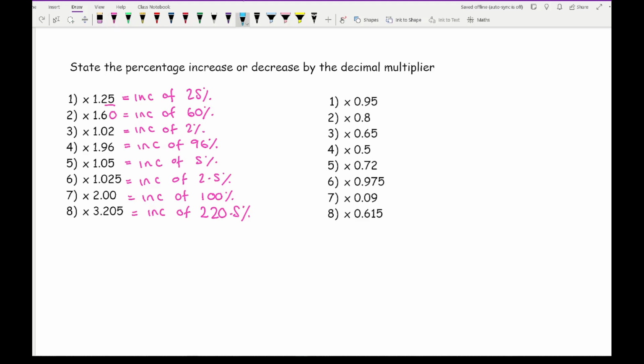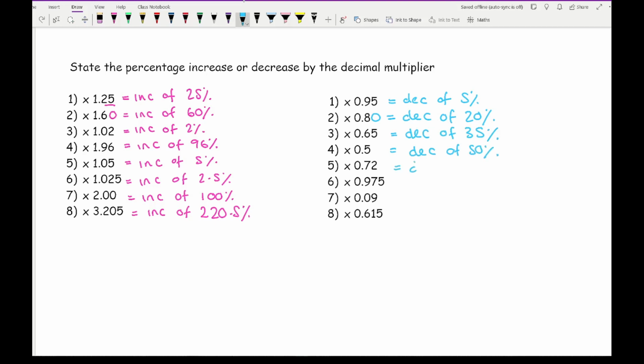Moving on to decrease. Again, what we need to do is take these numbers away from 1. So this is going to be a decrease of 5%. This is going to be a decrease of 20%. Again, imagine that's 0.80. This will be a decrease of 35%. This will be a decrease of 50%.